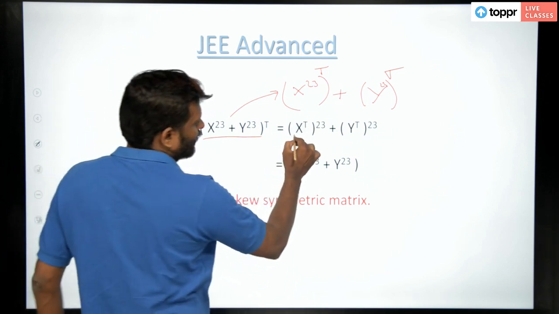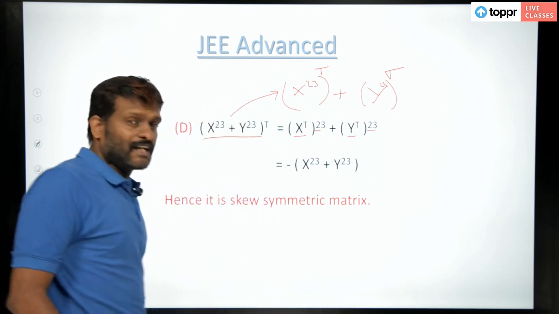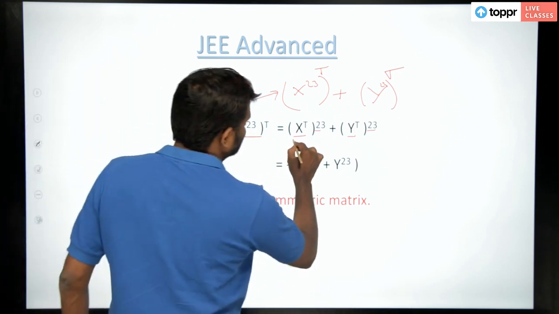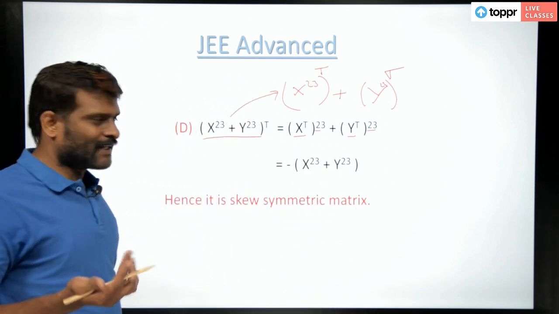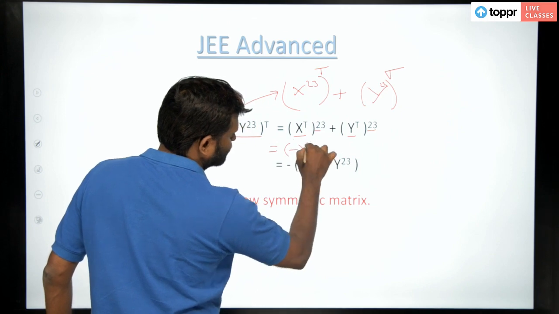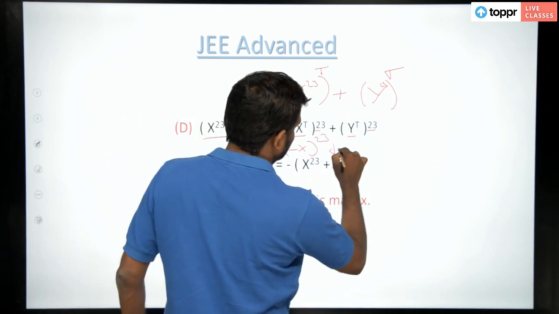So, x transpose to the power of 23 and y transpose to the power of 23 is what we can write. Now, from this, see, x transpose is what? Minus x.